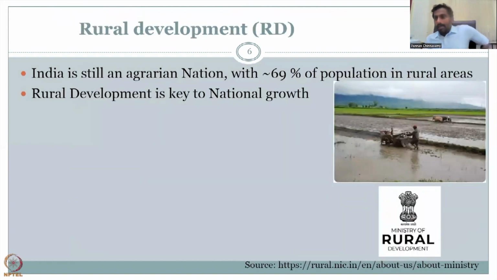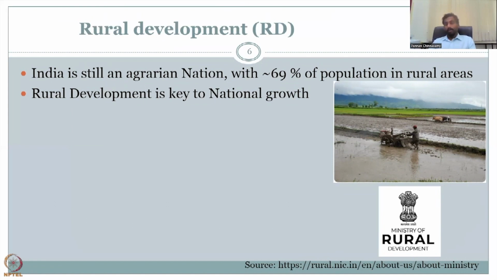I've also mentioned that rural development is key in India for India's GDP growth because India is still an agrarian nation with approximately 69% of the population in rural areas. Maybe 10% of them are very rich. You would have seen very rich farmers, but most of the others are not.